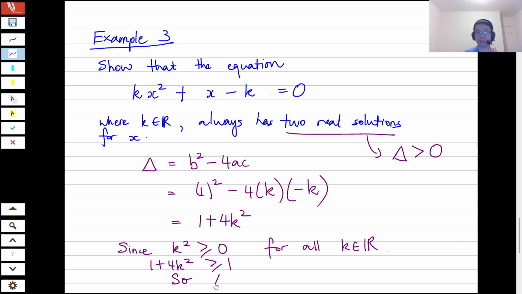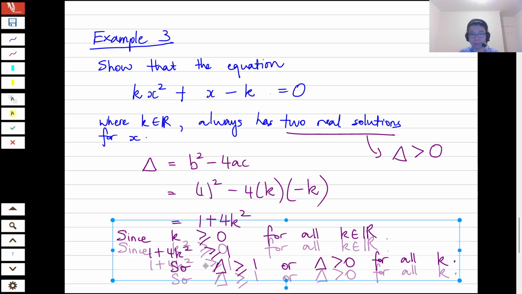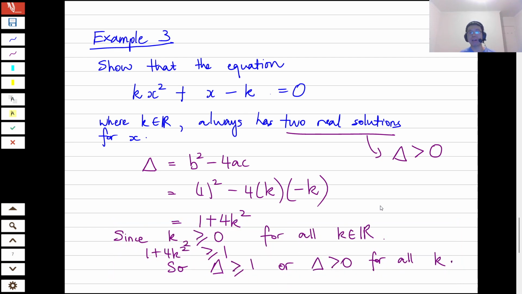So the discriminant is greater than or equal to 1, or the discriminant is positive for all k. See how I've reasoned? I haven't just calculated the discriminant. I've explained here that it's always positive.